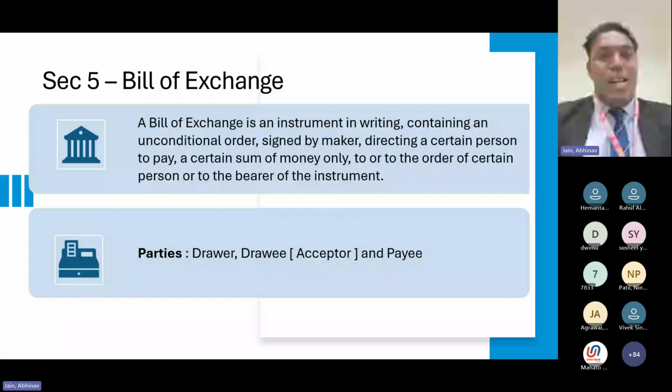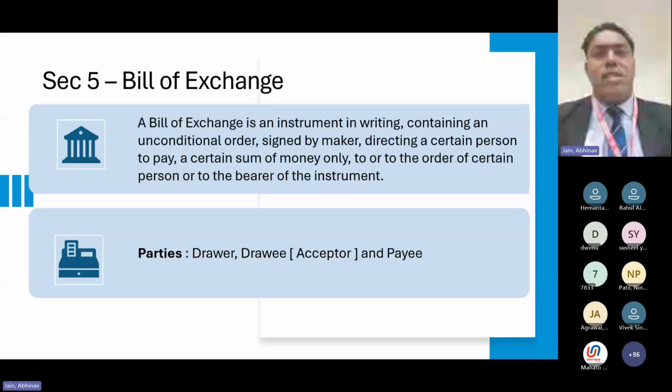I will break this definition down and explain it to you. From the point of view of the exam, this definition can be broken into various options, and a question can come that a bill of exchange includes. The first option would be instrument in writing. So it is correct. Again, it is an unconditional order. It is also correct. It is signed by the maker.